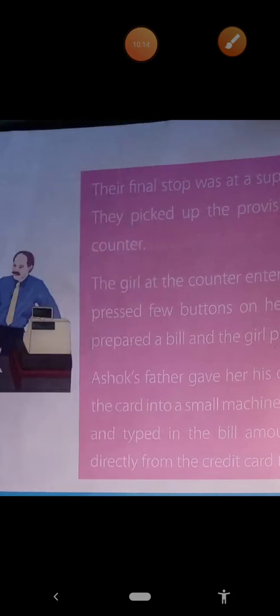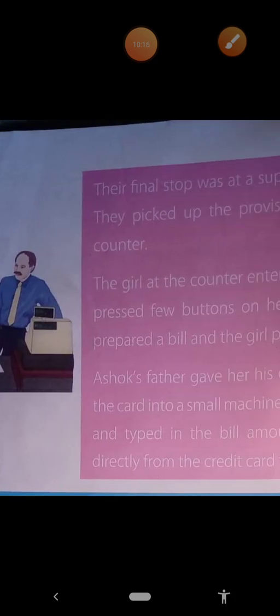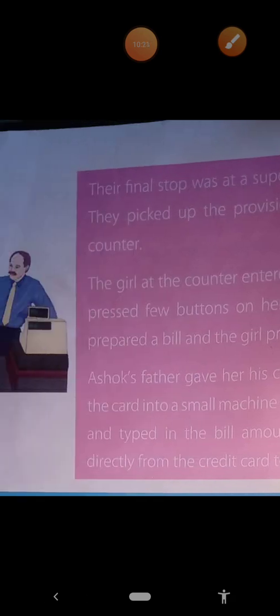The girl at the counter entered the list of provisions and pressed a few buttons on her computer. The computer prepared a bill and the girl printed it out. Ashok's father gave her his credit card. The girl inserted the card into a small machine connected to a computer and typed in the bill amount. The amount was transferred directly from the credit card to the supermarket.